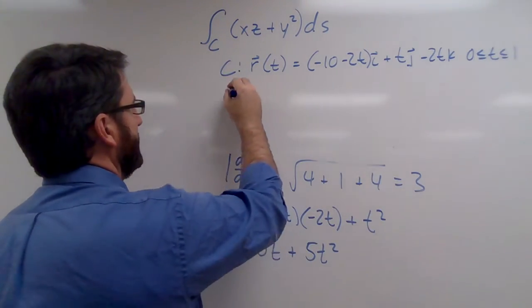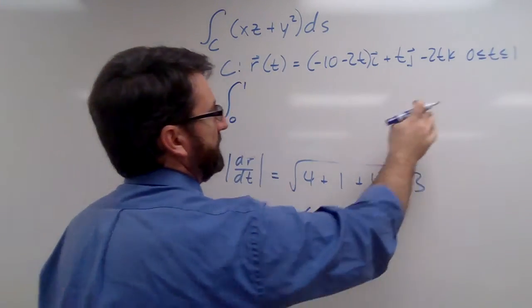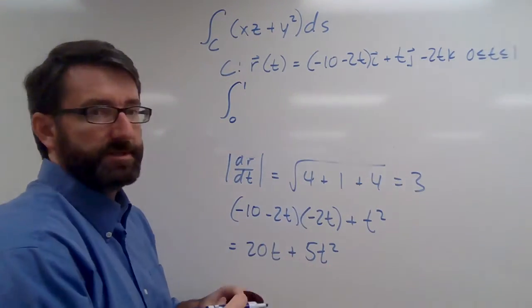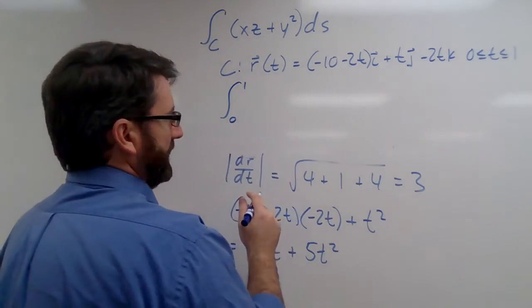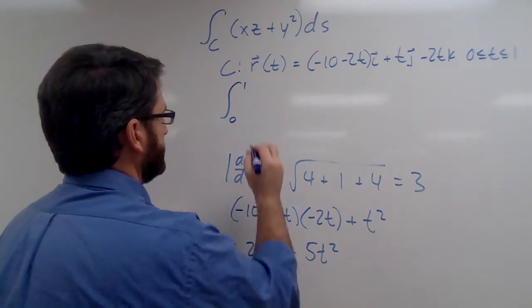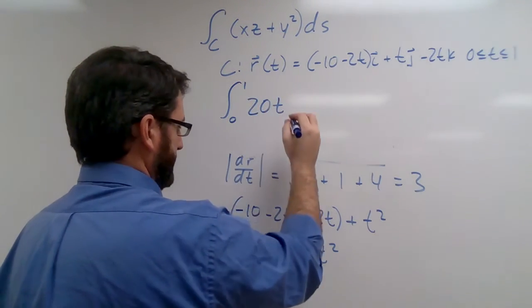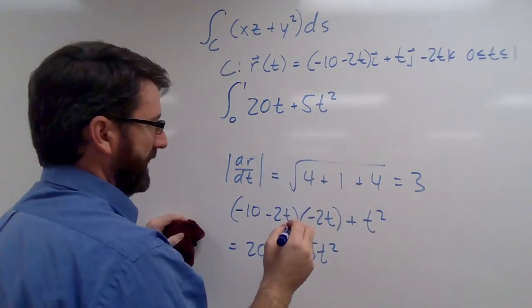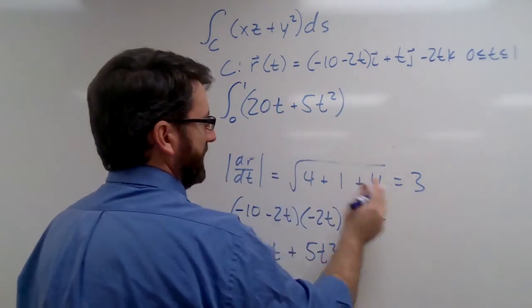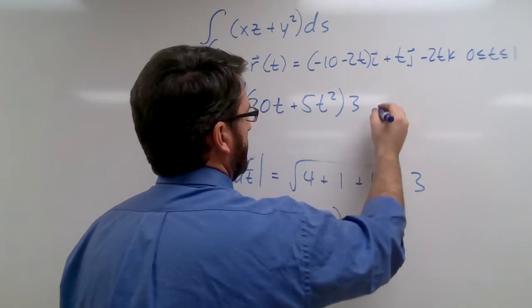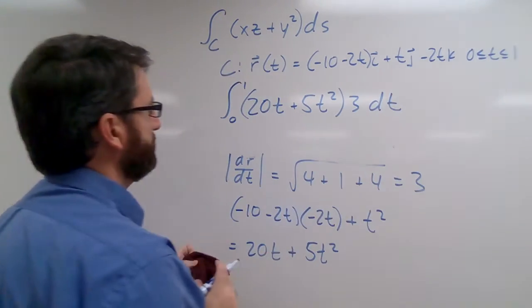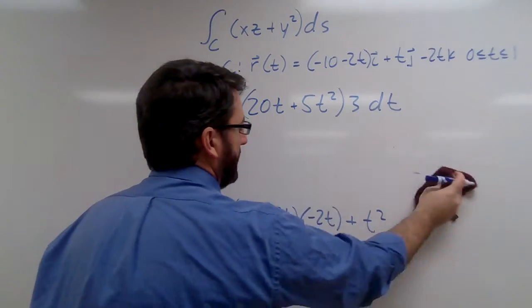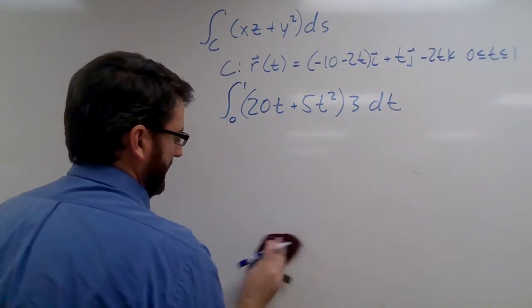So this is going to be the integral from 0 to 1. Remember, t is between 0 and 1. From 0 to 1 of this 20t plus 5t squared times 3 dt. All right, now let's evaluate that, and we'll be done.